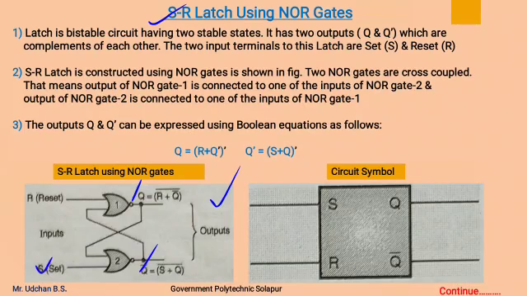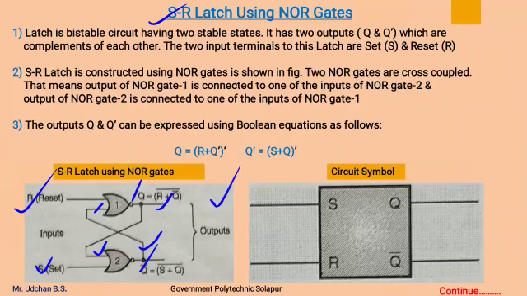The set terminal is named as S, reset terminal is named as R, which are input to this latch. The two NOR gates are cross coupled. That means output of NOR gate 1 is connected to the input of NOR gate 2, and output of NOR gate 2 is connected to the input of NOR gate 1.